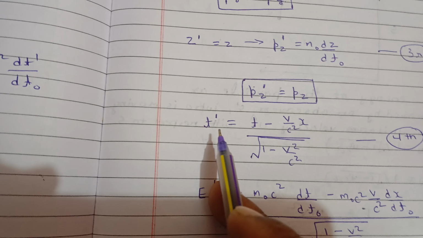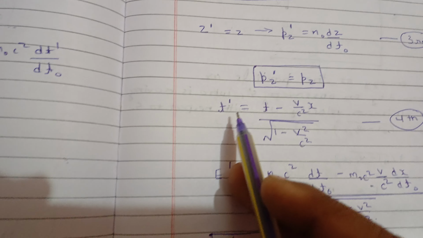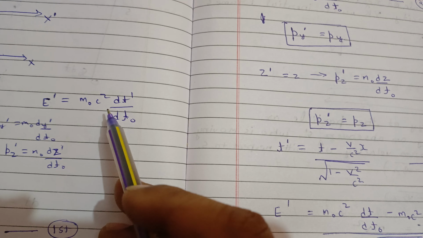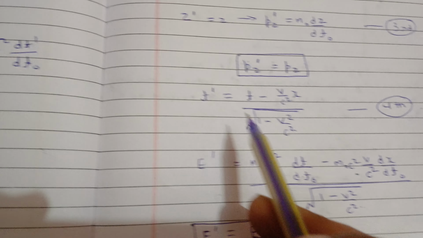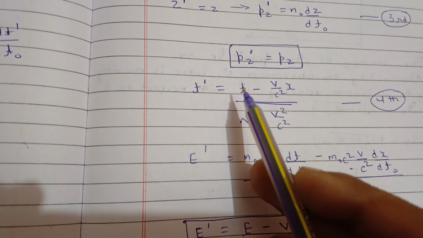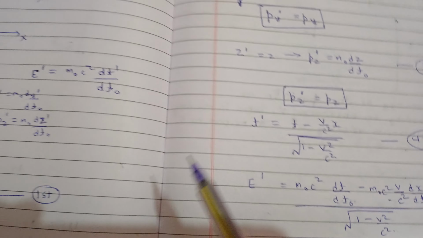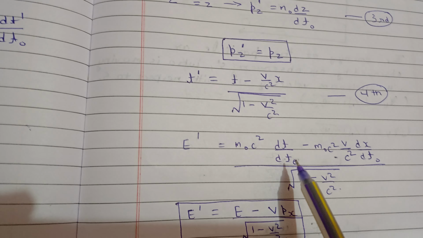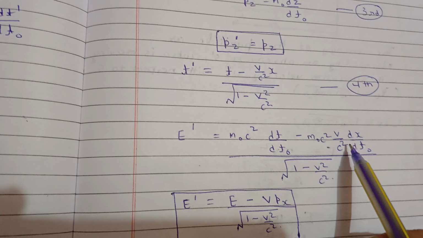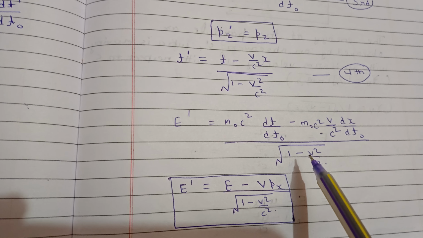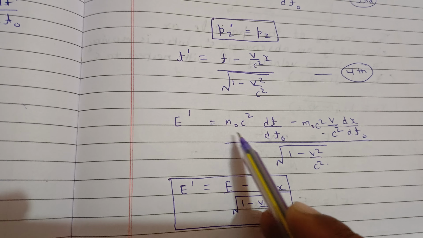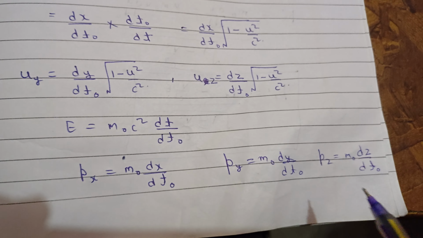Just calculate from here the dt prime divided by dt, and put it here, multiplied with m naught c square. So what you will get is dt by dt naught and dx by dt naught, and on multiplying with m naught c square, you will get m naught c square dt by dt naught minus m naught c square this, and divide by this. And what is this? This is the energy we calculated in the rest frame.